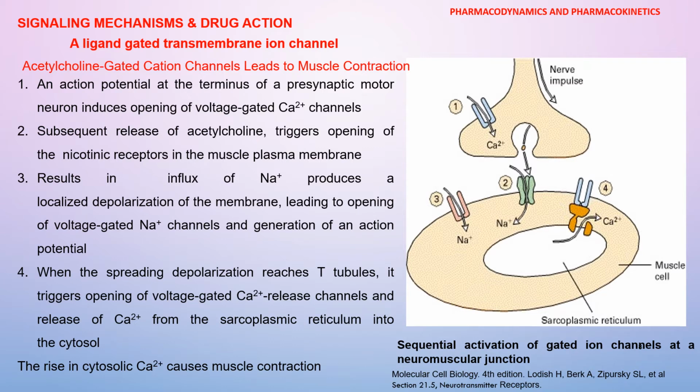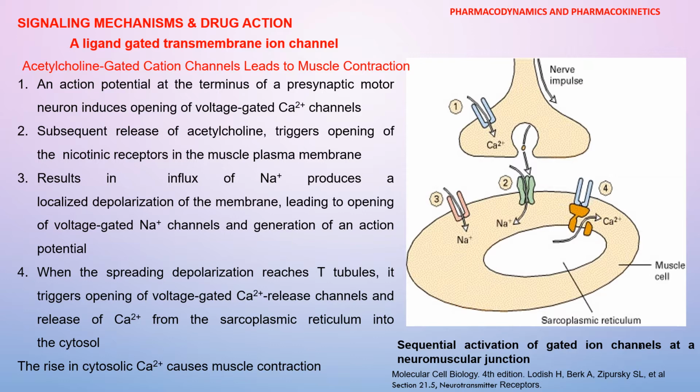Communication between nerve and muscle occurs through neurotransmitters. An action potential at the terminus of the presynaptic motor neuron leads to opening of voltage-gated calcium ion channels. An influx of calcium ion occurs. The neuron action potential leads to release of the neurotransmitter acetylcholine from the synaptic terminal into the synaptic cleft.